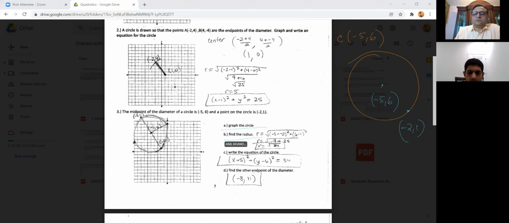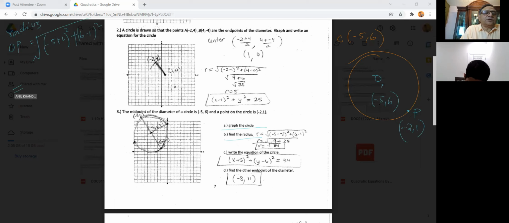Now it says graph the circle, find the radius. So basically, let us find the radius from the points given, right? Let's say O is the center and P is the point given to us. Then the distance OP, which is equal to the radius for us, is how much? Square root of the difference in x values, which will be (-5 + 2) whole square, plus the difference in y values, (6 - 1) whole square, square root.